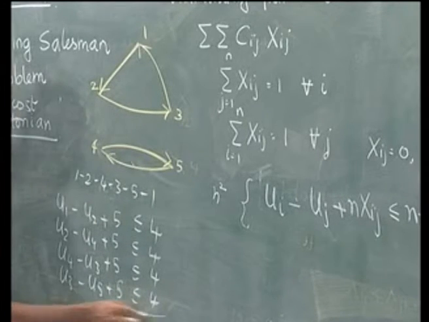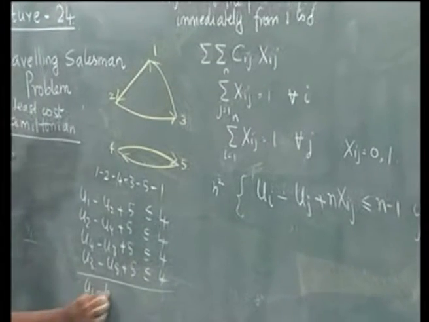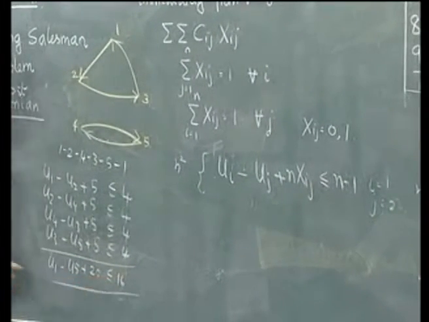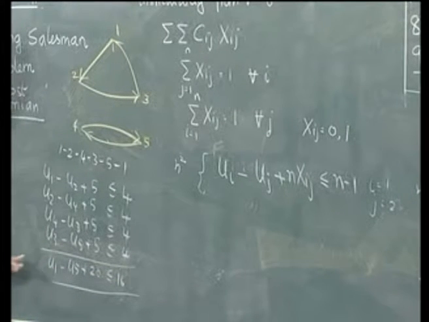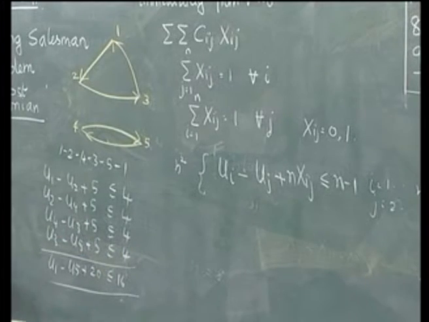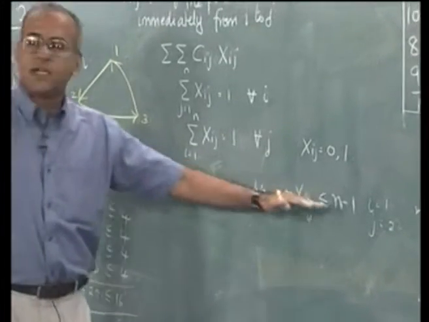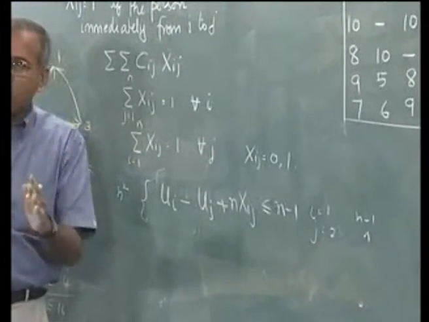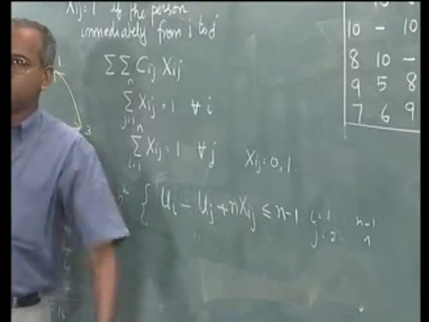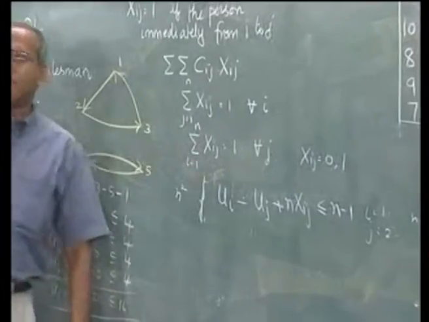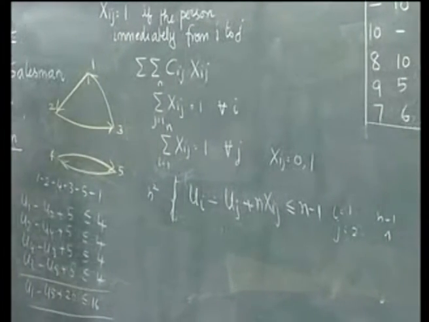So, when we add vertically, you will get u1 minus u5 plus 20 is less than or equal to 16, and it is always possible to find u1 and u5 such that this is satisfied. So, every tour will satisfy this. So, this will not eliminate a tour, this will eliminate only a subtour, and it will eliminate all subtours. So, this becomes a very valid subtour elimination constraint for the travelling salesman problem.